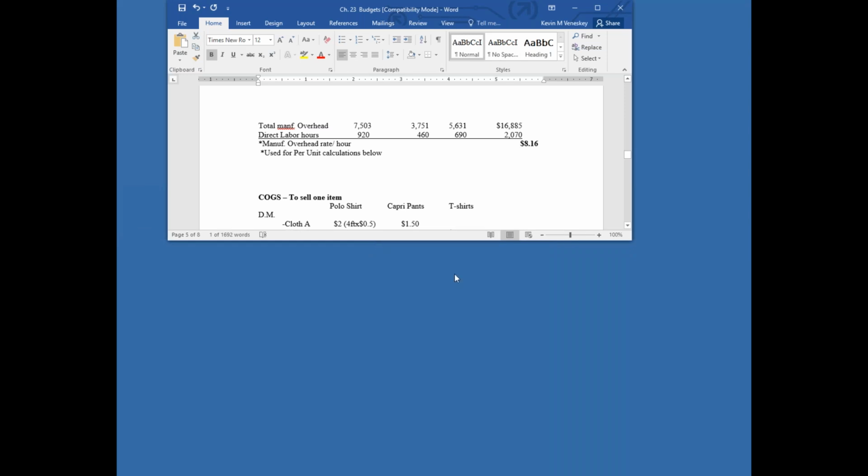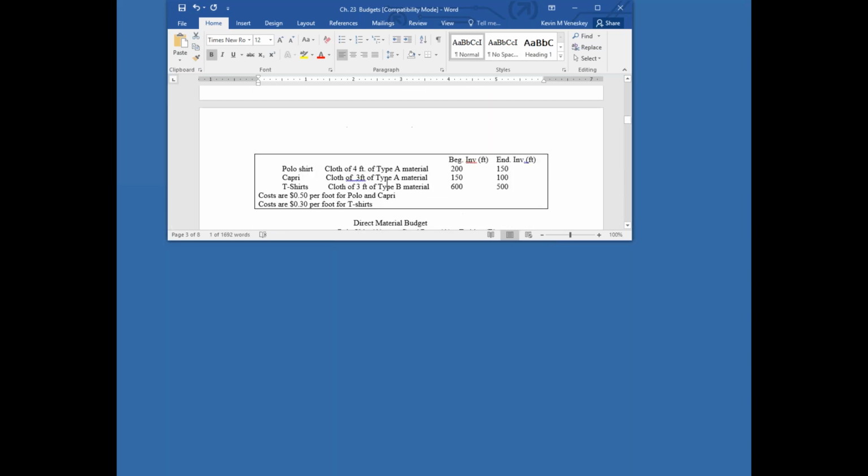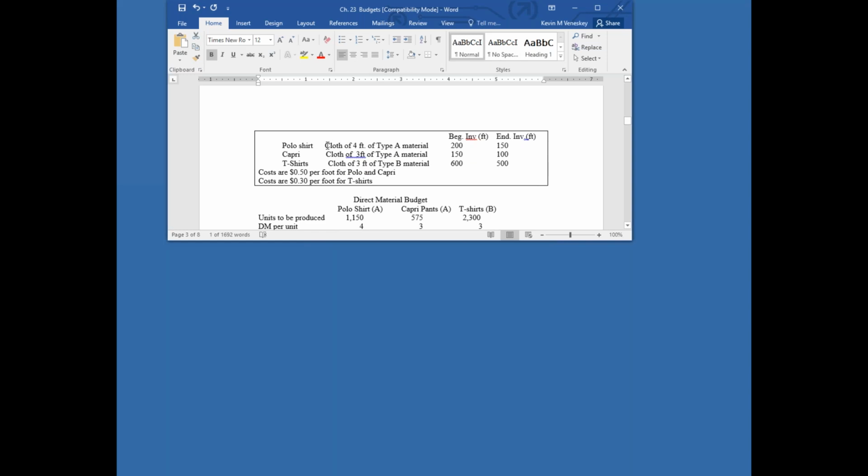So the first thing we want to do is break everything down on a per unit basis. How much does it cost to make one of each of these items? So go back up to our materials. I can see that to make one polo shirt, it takes 4 feet, and each foot of material A costs 50 cents a foot.